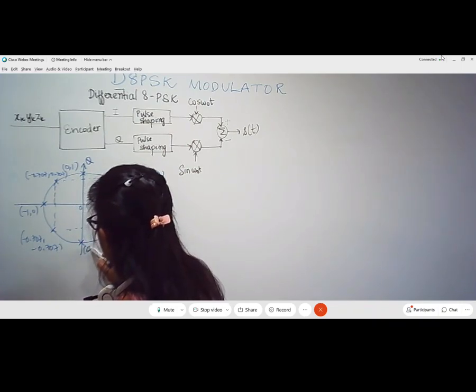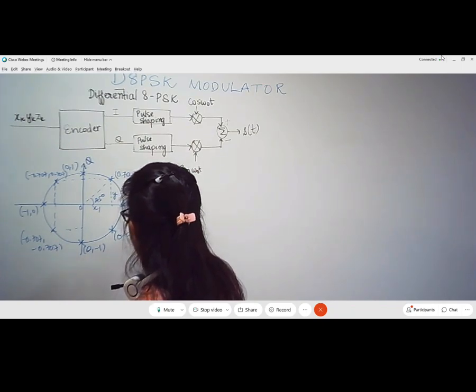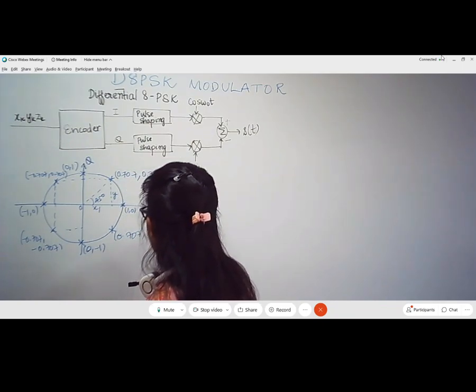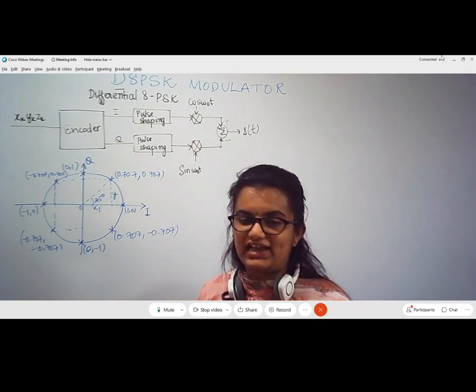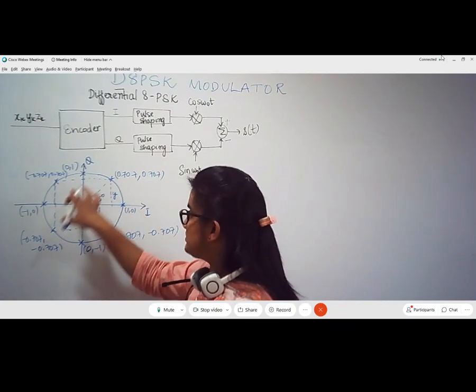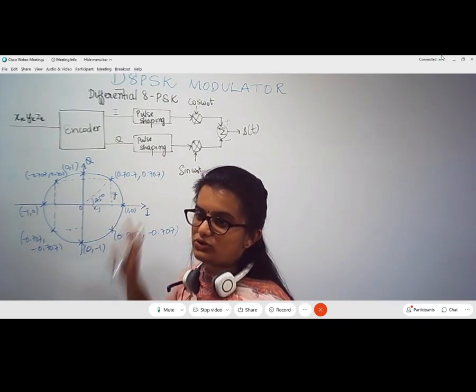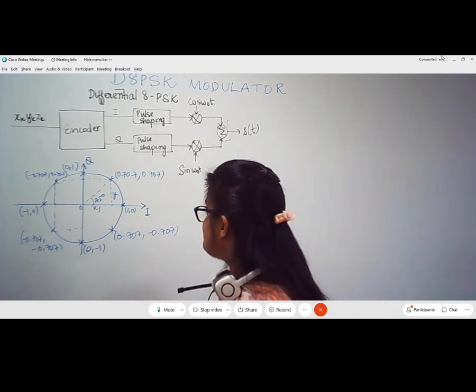This one is 0, minus 1 and this one would be plus 0.707, minus 0.707. So these are the coordinates, the I and Q values of the individual symbols after we map it onto the IQ plane.